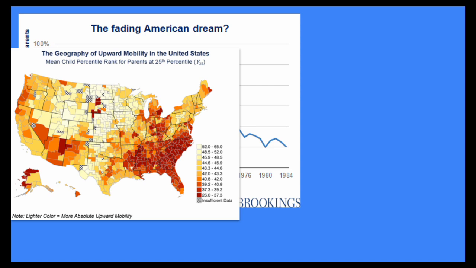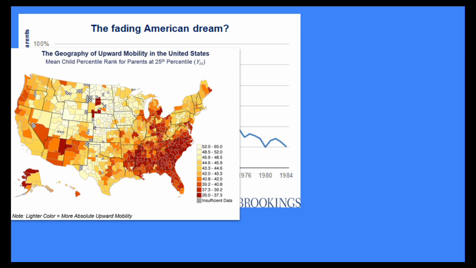So if your parent was in the bottom 25th percentile, the bottom quarter of the income distribution, what is your rank as your parent's child when you reach basically almost mid-age? Do you end up also in the 25th percentile? Do you end up above the 25th? Do you end up below it?